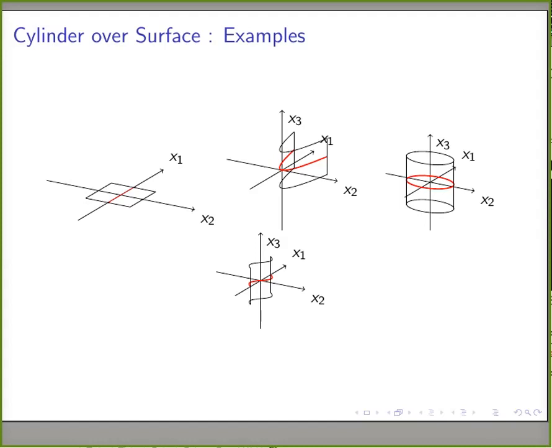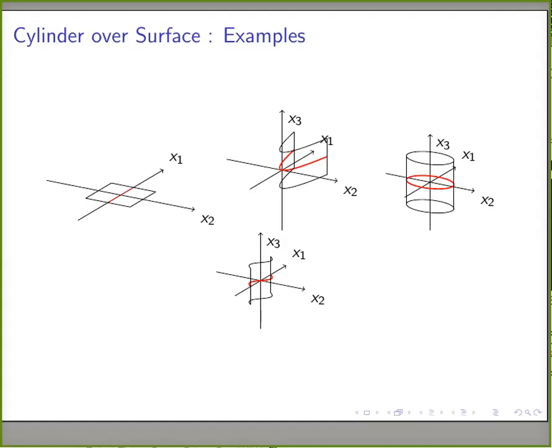And coming to the third exercise, 4.5c, the question is to sketch f inverse of 0 where f of x1, x2, x3 is x1 square by 4 plus x2 square by 9 minus 1. Again, if you are following the same pattern, we can start with the function f of x1, x2 is x1 square by 4 plus x2 square by 9 minus 1.